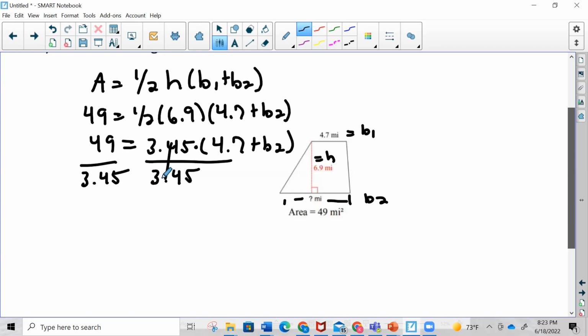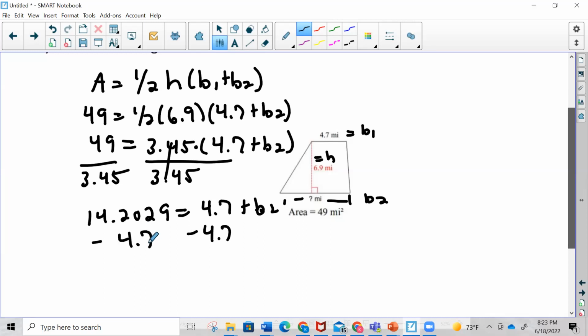If I do 49 divided by 3.45, I get 14.2029 equals 4.7 plus B2. I just have this left, so I don't need the parentheses anymore. Then I would subtract 4.7 from both sides because I'm adding it. That gives me 9.503, I'll do 3 decimal places, is equal to B2.